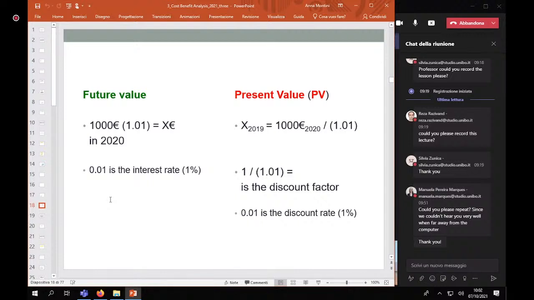Okay, let's give a look to this slide, only to see the difference between future value and present value.